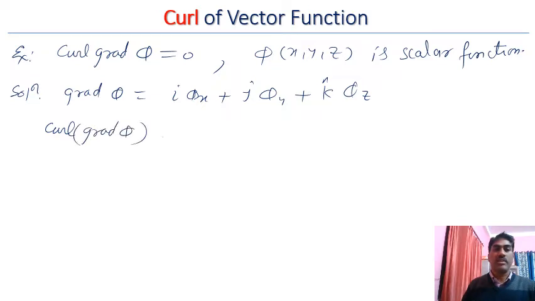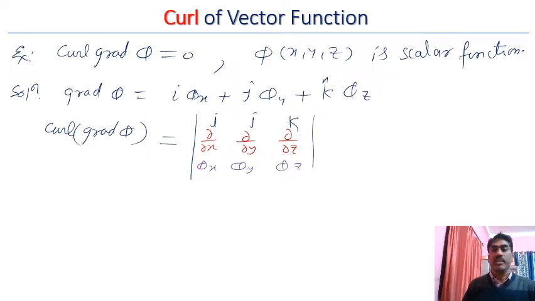Curl of grad phi is given by the determinant i j k, del by del x, del by del y, del by del z, and in the final row phi_x, phi_y, phi_z.